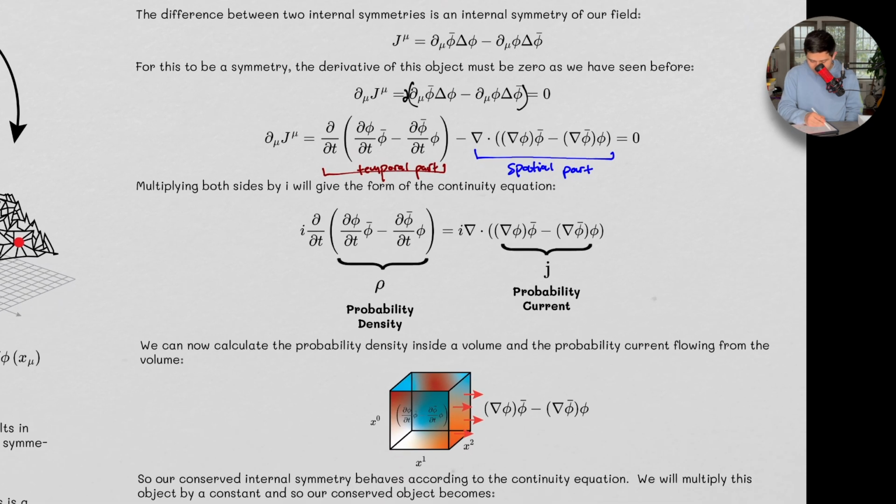Multiplying both sides by i will give the form of the continuity equation that looks like this, because when we divide both sides by i, we get the positive sign and the negative sign. So this here is the probability, and this is the continuity equation.